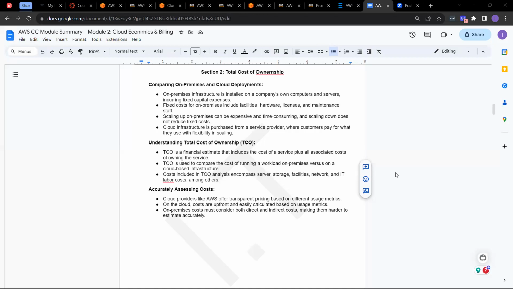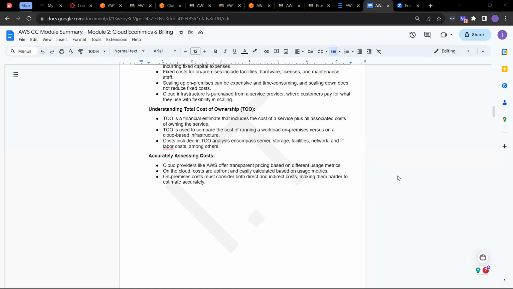You are able to model the infrastructure that you want to use, but it doesn't make the cost upfront, but you are able to have an idea of how much it's going to cost you. If you are using Cost Explorer, you are able to look at your previous data, and per the forecast, you are able to see how much you might pay at the end of your billing cycle.